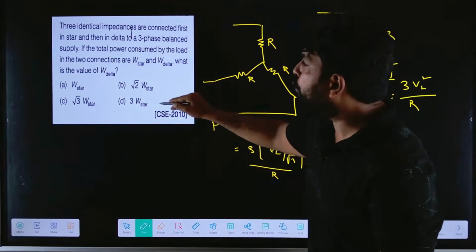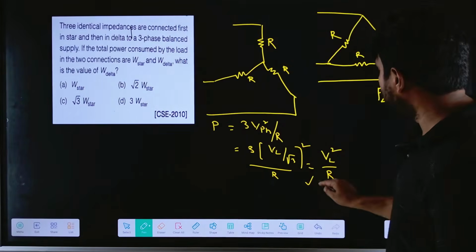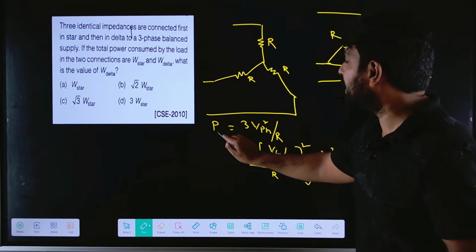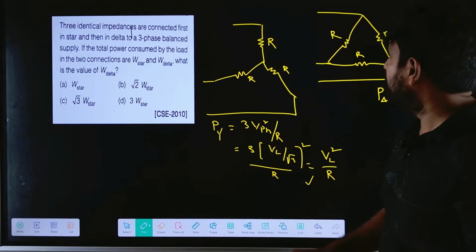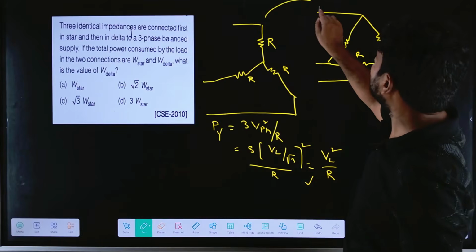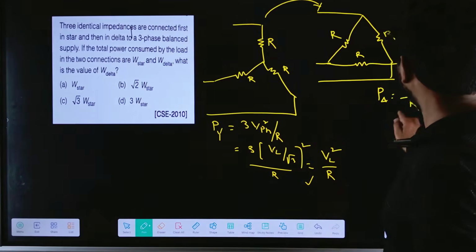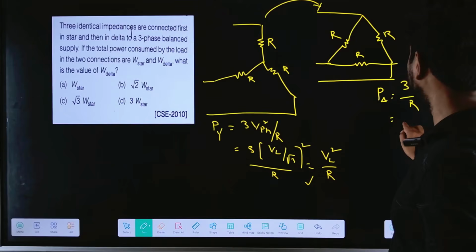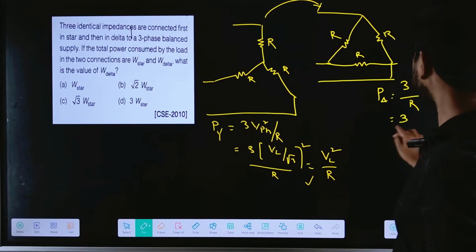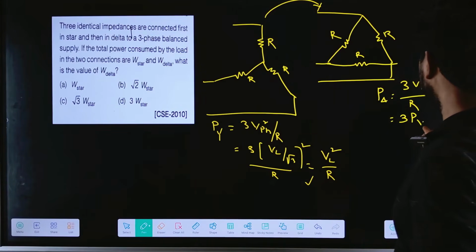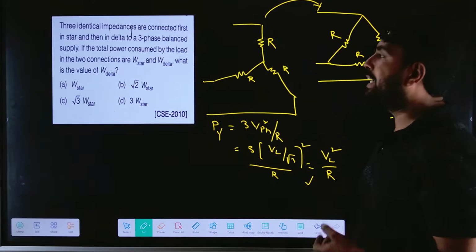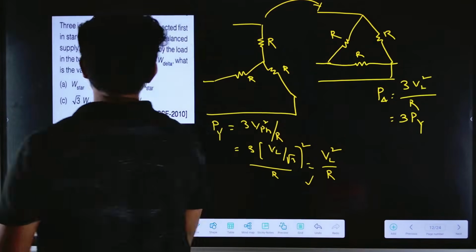Now for the relation: VL square by R is the star connected power. If the same resistances are formed in delta, the power will be 3 VL square by R, which is equal to 3 times the power in star. Delta connected power is equal to 3 times the star.